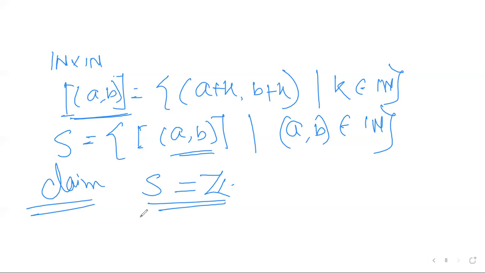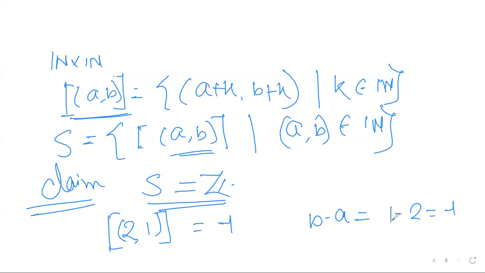So I am defining the equivalence class of (2,1) as my -1. Why? Because if I take b minus a, then it is 1 minus 2, that is -1, right?